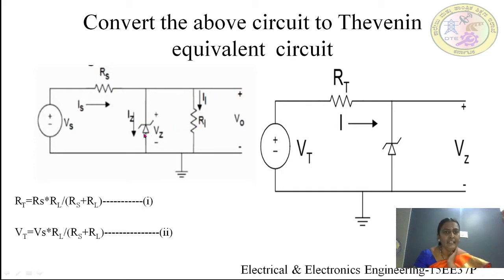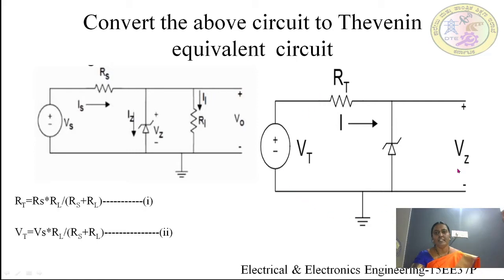Then the open circuit voltage across the terminals of the Zener circuit is Vs into RL divided by Rs plus RL. This is the Thevenin's voltage, along with the Thevenin's resistance.